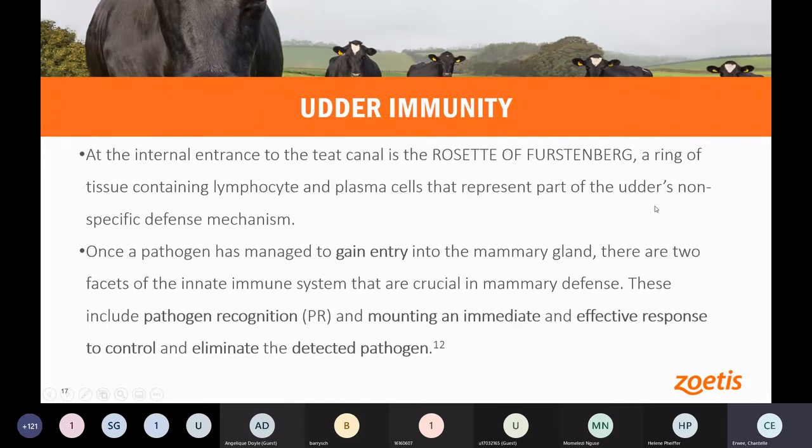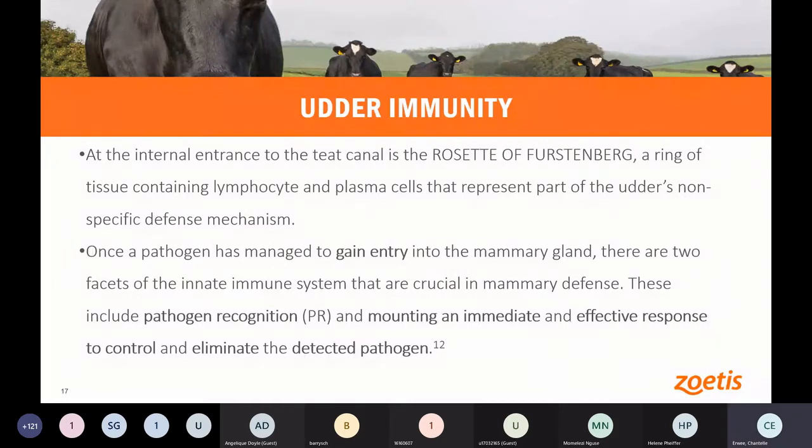So once, let's say the pathogen has actually managed to gain entry into the mammary gland, it's bypassed the teat skin's protective mechanisms, it's bypassed the teat sphincter muscle, let's say there wasn't a keratin plug formed and now it's managed to traverse that teat canal and it's gained entry.